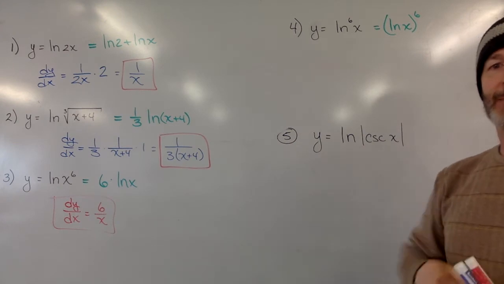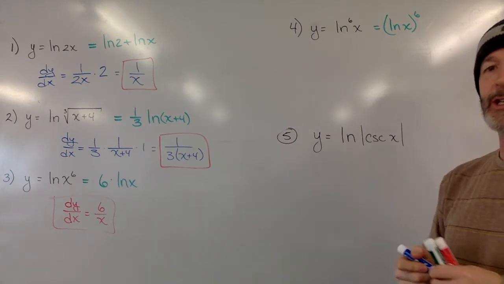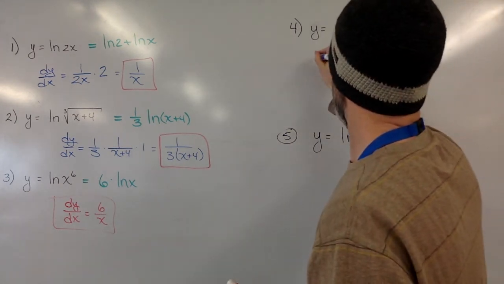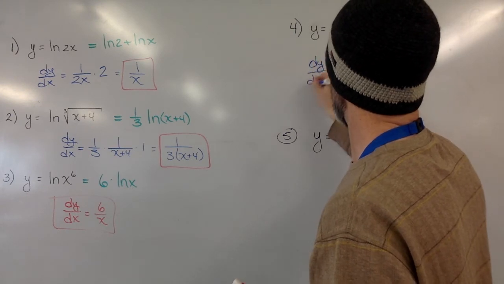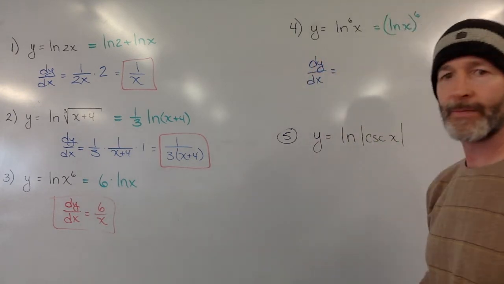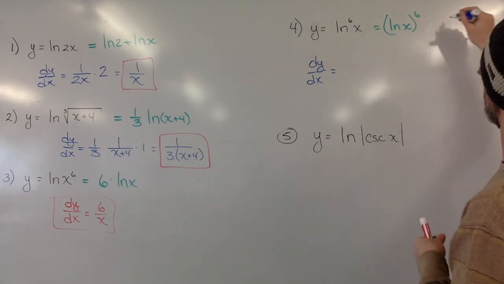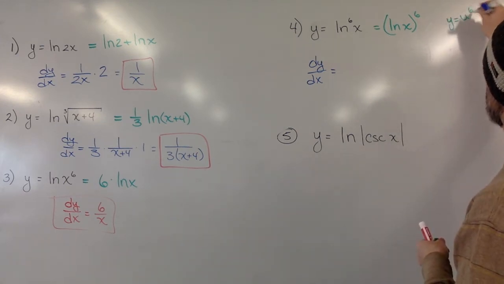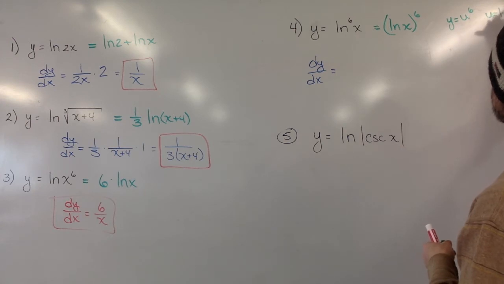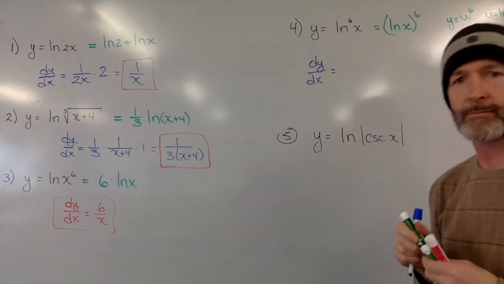So when you do this, please use all the chain rule knowledge that you have acquired already. We realize that this could be written out as y equals u to the 6th and u equals the natural log of x.